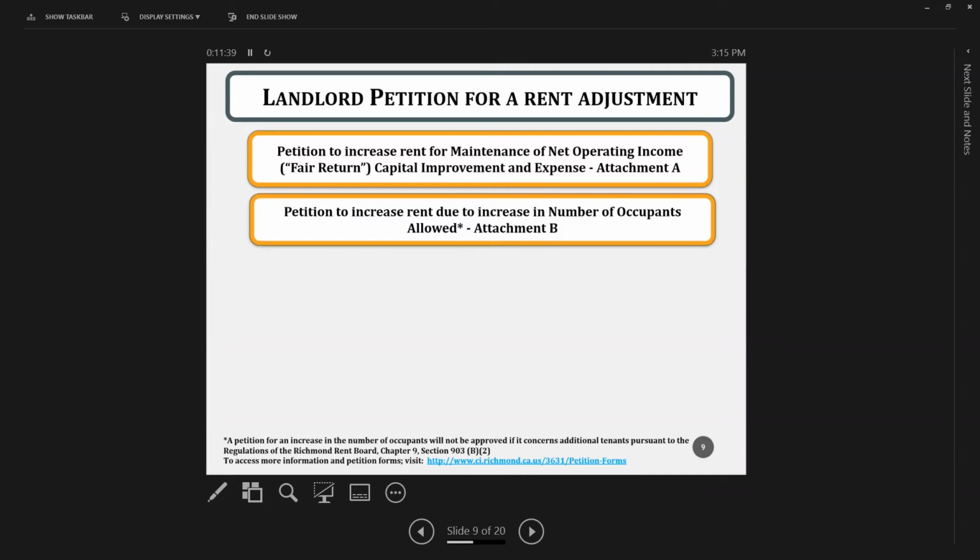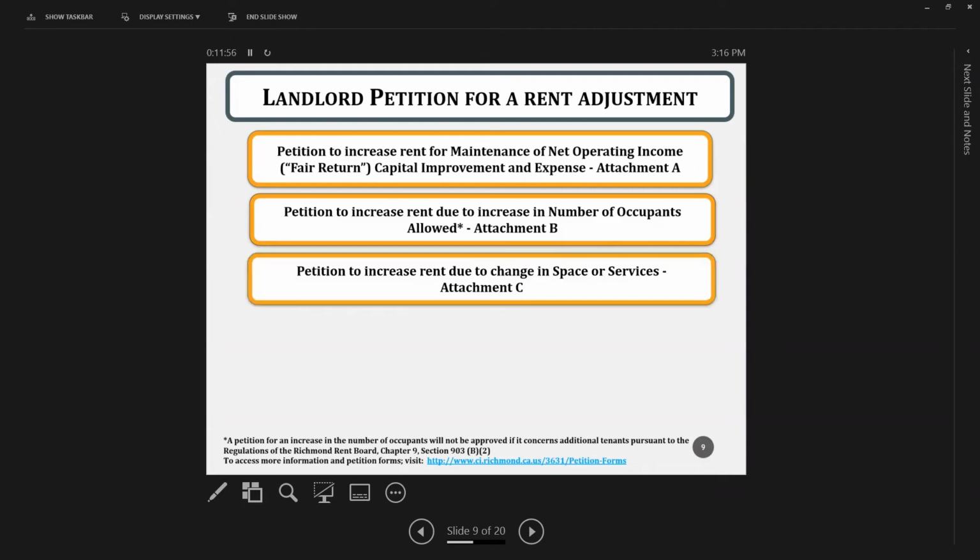The second adjustment is to increase rent for the number of occupants relative to the initial occupancy. There are protections for certain family members. Rent cannot be increased when a child or parent is moving into the unit. Third is additional space or service that both parties agree on in a rent adjustment.